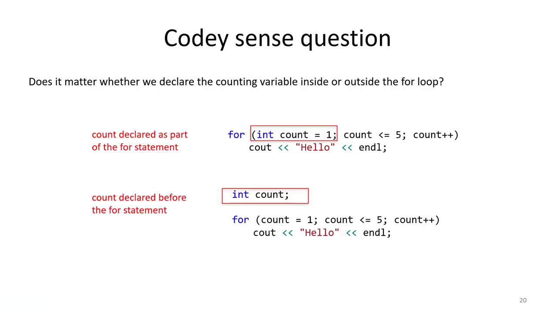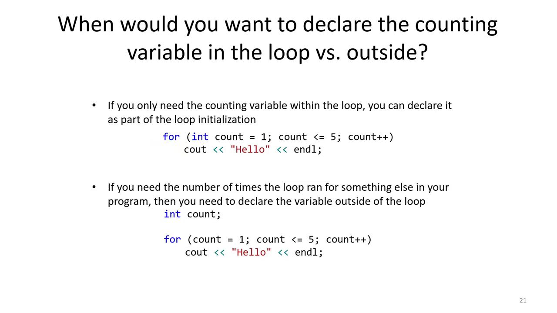Does it matter whether we declare the counting variable inside or outside the for loop? When and why would that matter? Take a moment and think about it. So here's what happens. This is why you want to be careful about where you declare variables. Remember what we said about declaring variables.